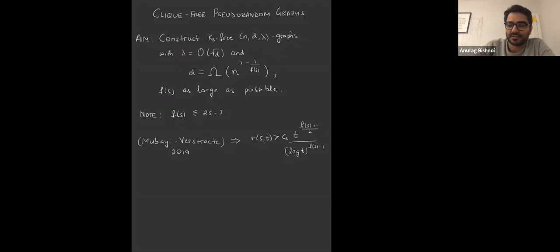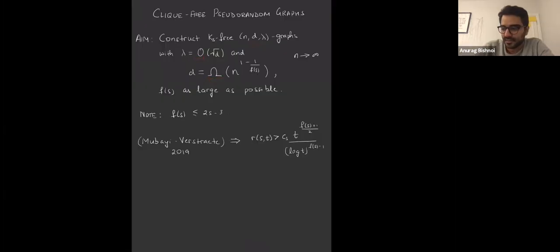Moreover, we want the graph to be as dense as possible, so we want d to be as large as possible. Here n goes to infinity, so d and lambda are functions of n, and we are talking about these asymptotics.